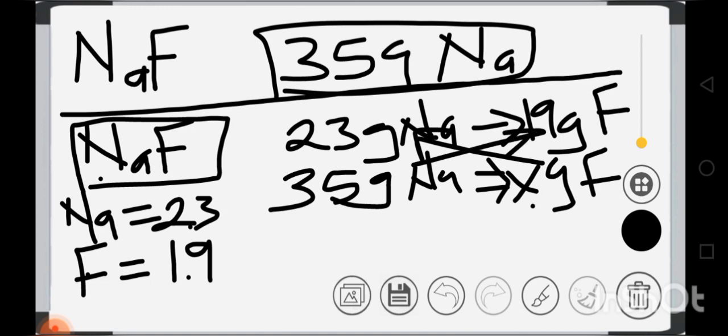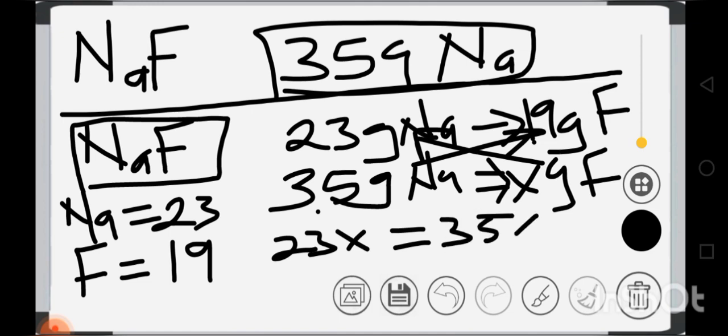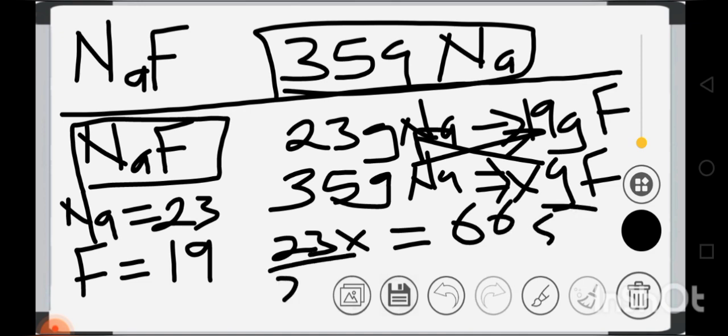That is, we are going to have x times 23, that is 23x, equal to 35 times 19. Let's see what we're going to get from 35 times 19. If you do that, we're going to have 665.